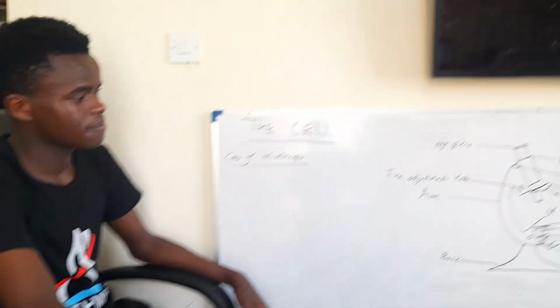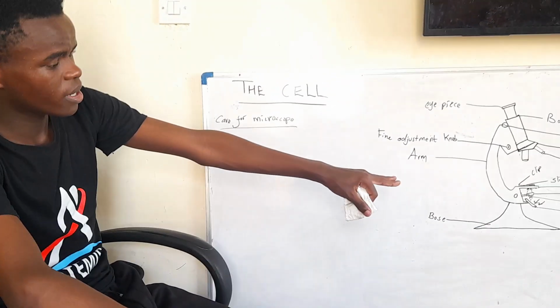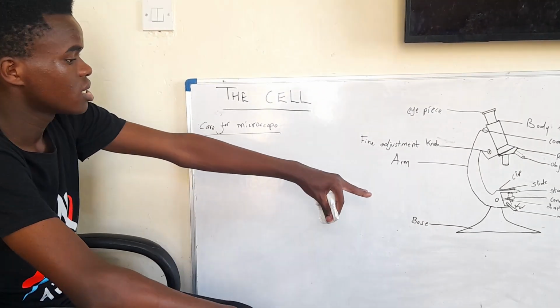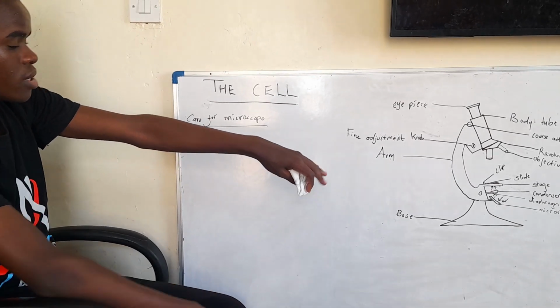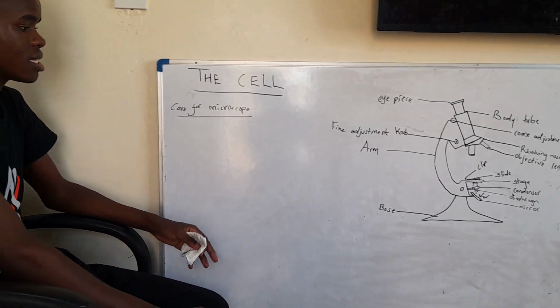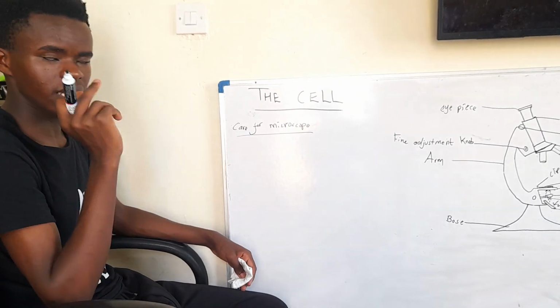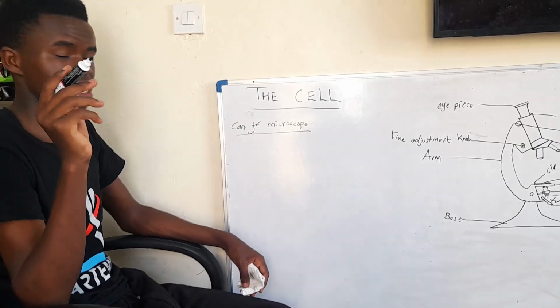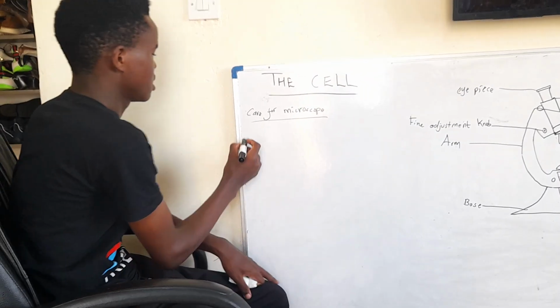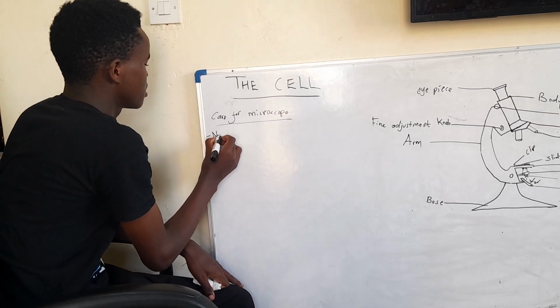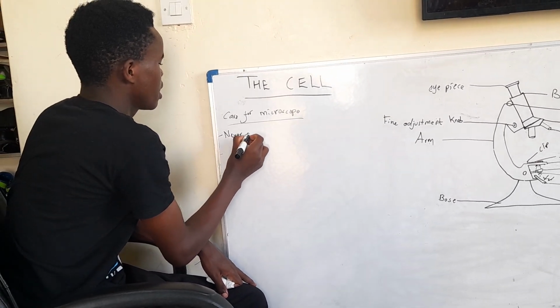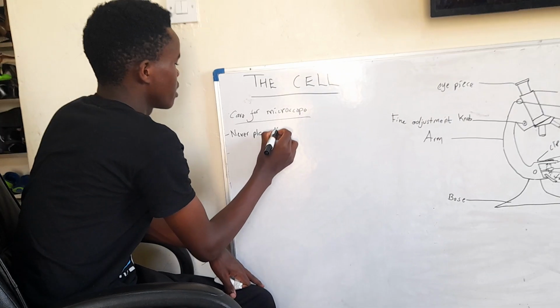The first thing, obviously we are going to work with the microscope on the benches. When you care for a microscope, you have to ensure that the microscope is never at any point placed at the edge of the working bench.